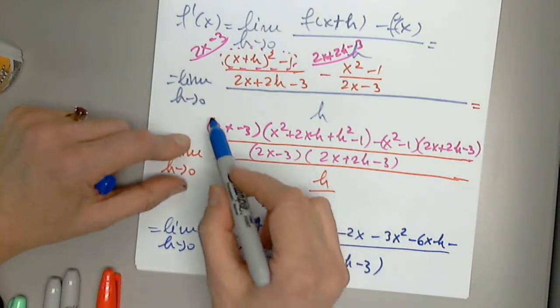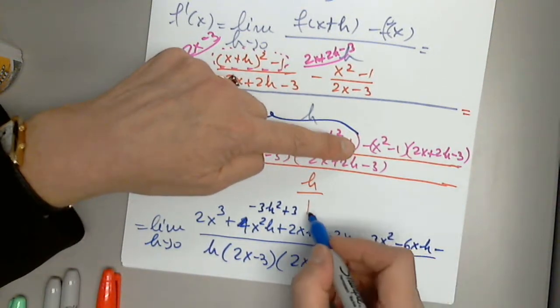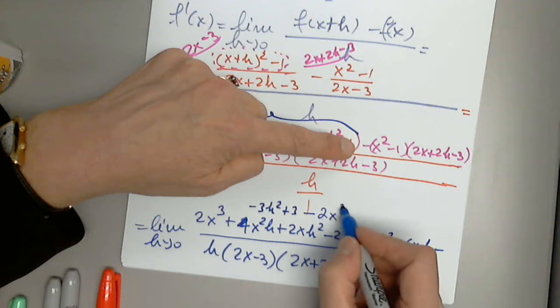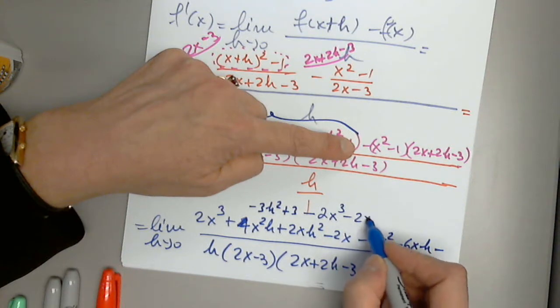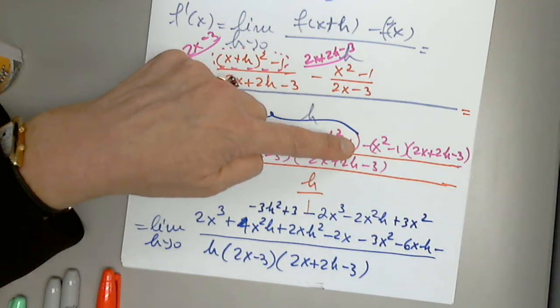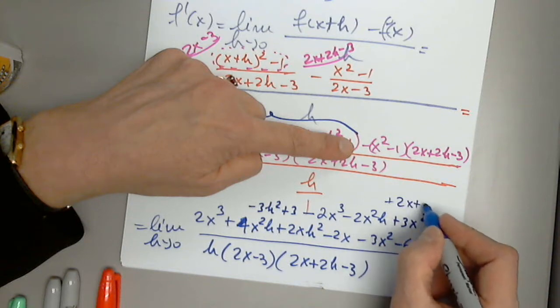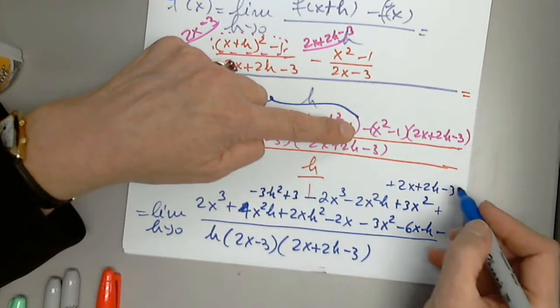So this is only this product. Minus 2x cubed minus 2x squared h, and then plus 3x squared, and then 2x plus 2h minus 3.